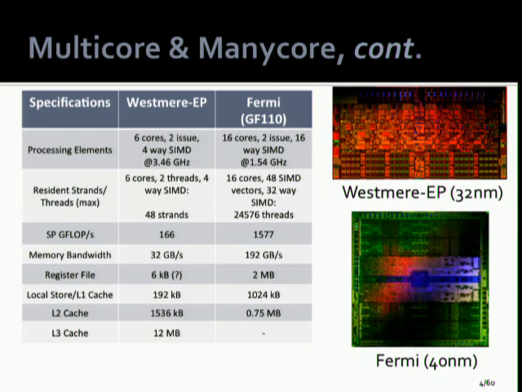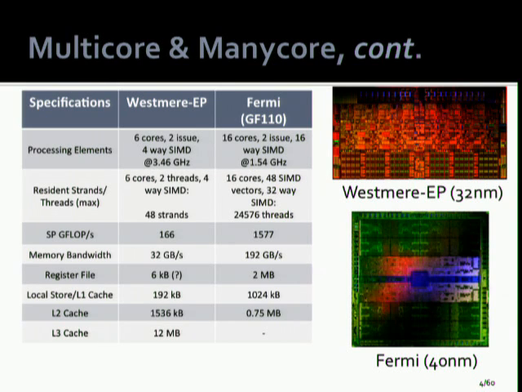One of the big differences is the amount of threading that each of these cores is built for. So I said earlier that on the Westmere, each core has 2 threads. It's actually running simultaneous multi-threading, 2 threads on each core. The Fermi actually has 48 threads per core.